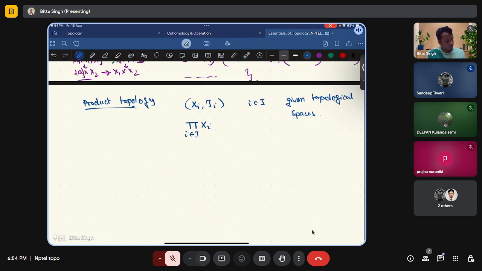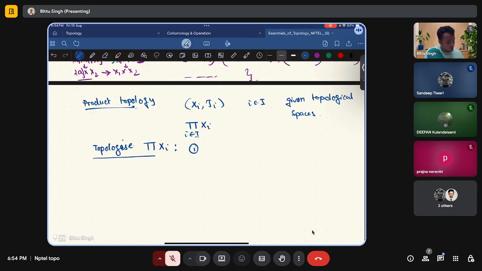So how do we define a topology on this set? One way will be like this. We want to topologize this product; the Cartesian product is given. There are two ways.